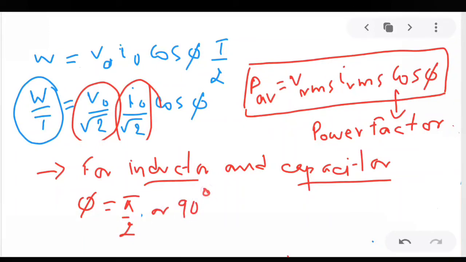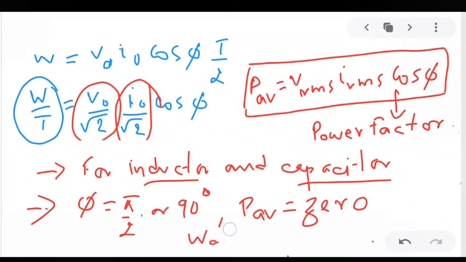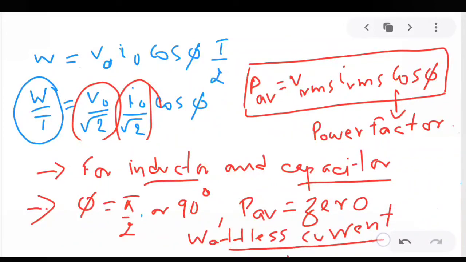So in that case, average power will be equal to 0. Average power consumed is 0. So in this case, current is flowing, but even then the power consumed is 0. So that kind of current is called wattless current. Wattless current is the current for which average power consumed is 0.